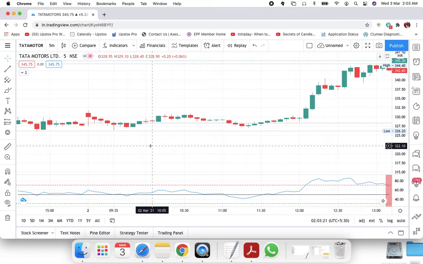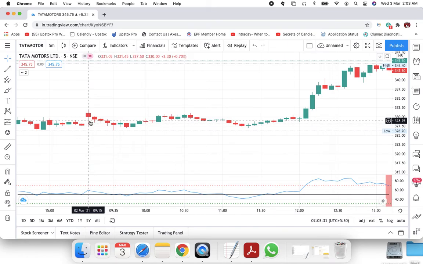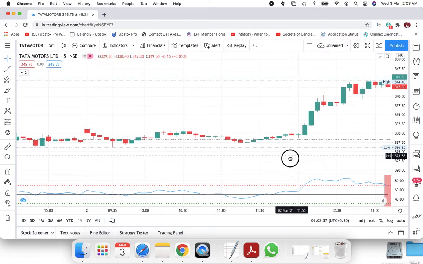So what is ORB? There are many kinds of techniques. Here if you see today's Tata Motors movement, you can clearly see the breakouts.